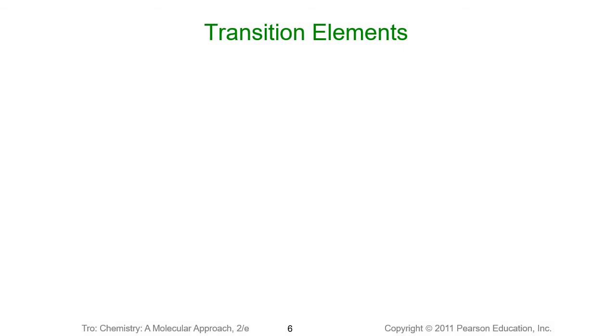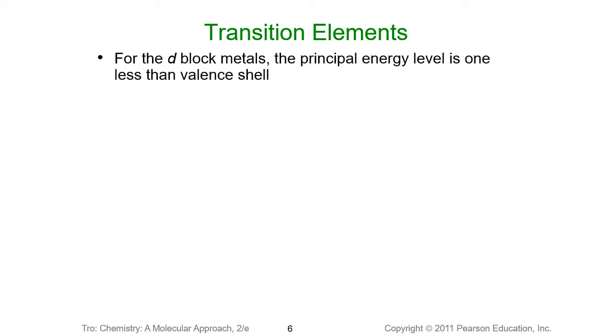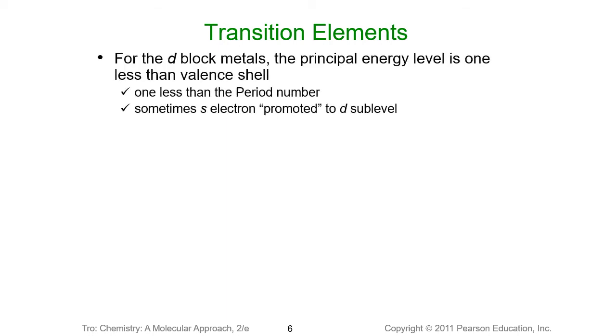Transition metals are determined the same way, with one little thing that we need to remember. Whenever we go into the D block, the energy level that it belongs to is 1 less than the row it sits in.